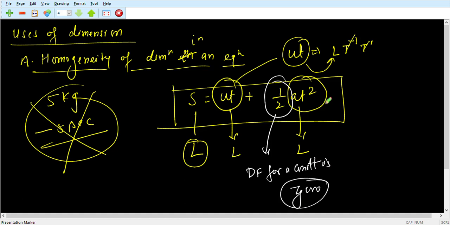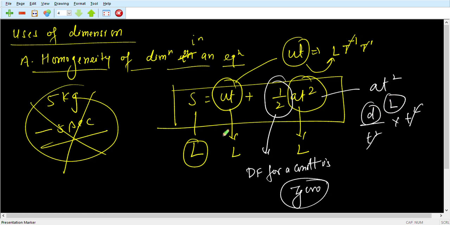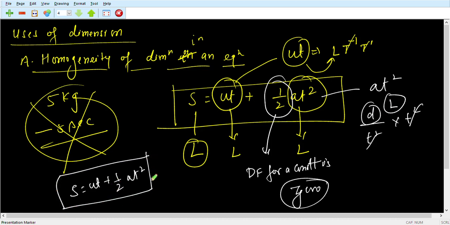So the rest is at square. We know that a is distance upon time square. So time square and time square will get cancelled and distance can be measured with L. So hence proved, the formula s is equal to ut plus half at square is dimensionally correct. But we should keep one thing in mind, that we are not considering constants in dimension.